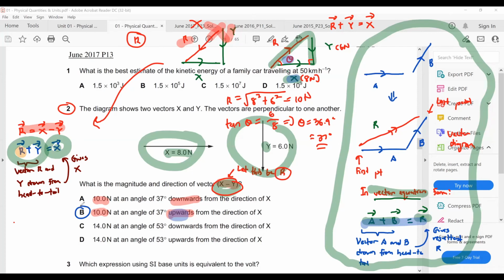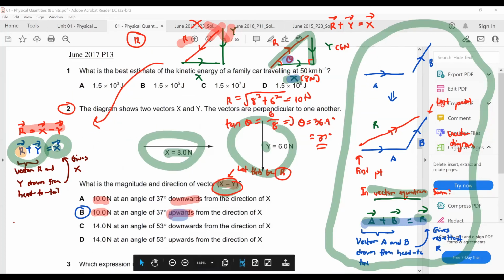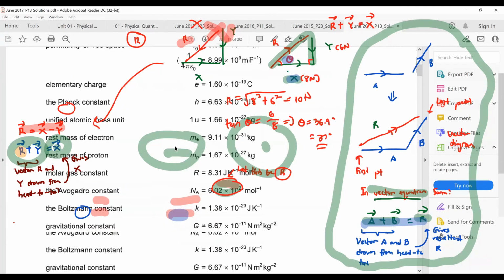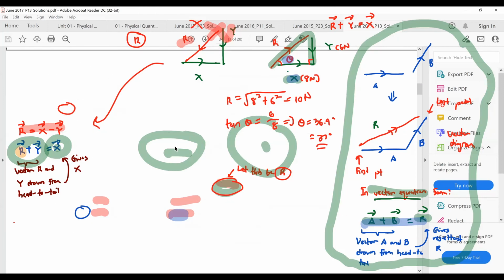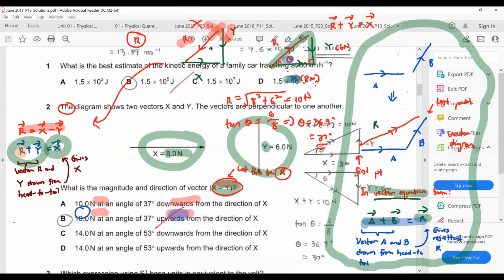So the answer is B. Okay, this is June 17 P13. Let me double check the answer with you. June 17 P13 should be question 2. Yeah, the answer is B.